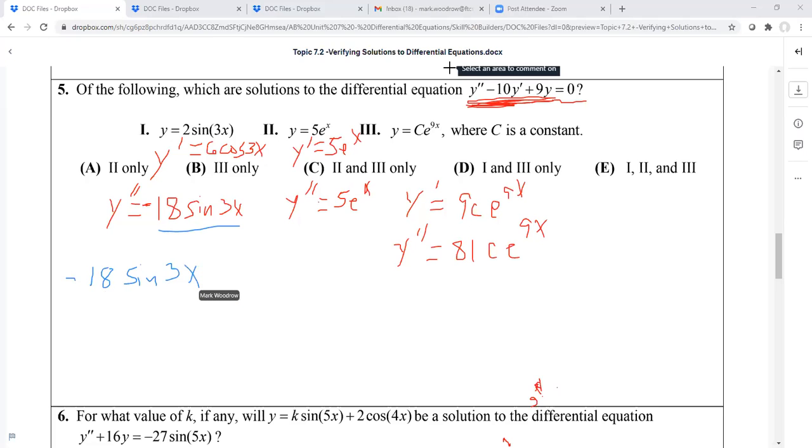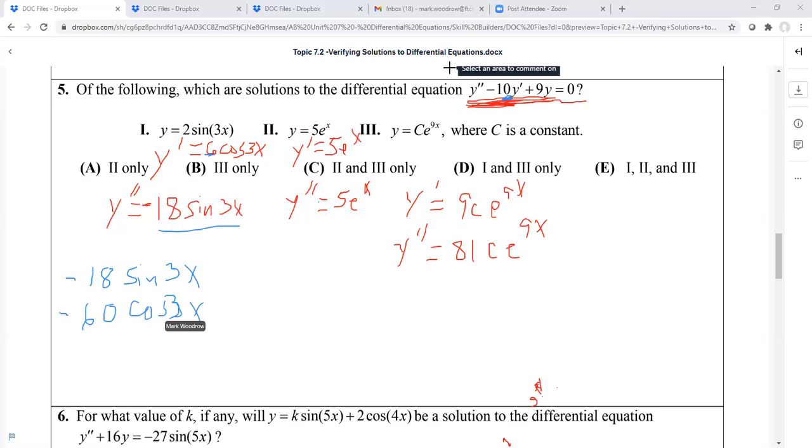And then it says up here it's minus 10. So I got to take 10 times the first derivative. So my negative 10 times the first derivative, I'm going to write it below it, negative 60, because I've got this 6 right here. So negative 10 times 6 is negative 60 cosine of 3x.